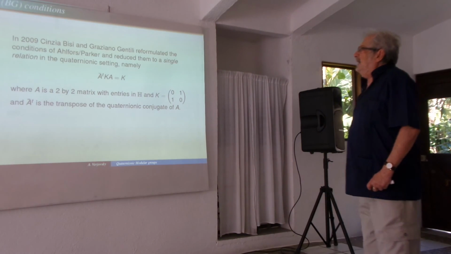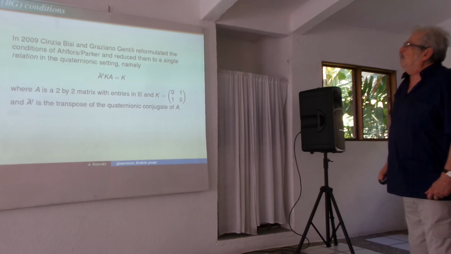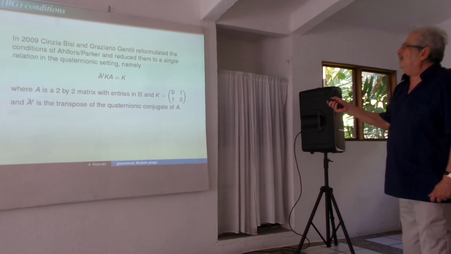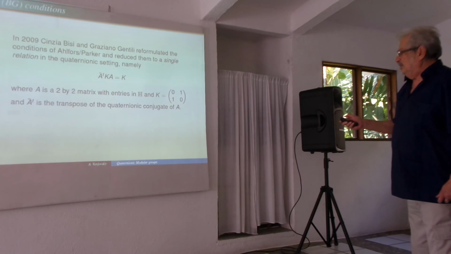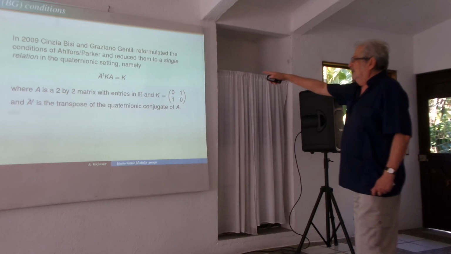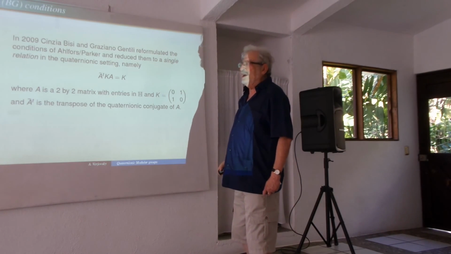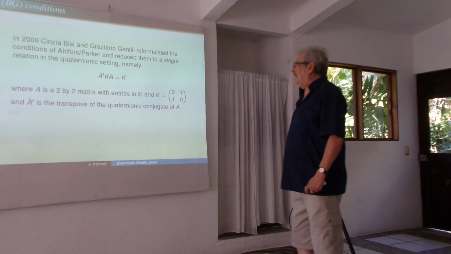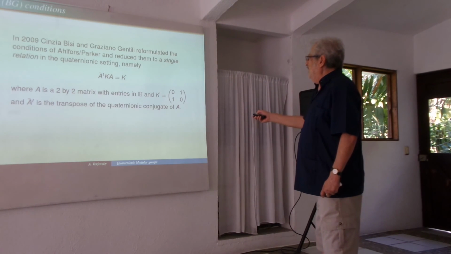So in 2009, Silvia Vinci and Graziano Gentili from Florence reformulated the conditions of Ahlfors and Parker and reduced them to a single relation, which is the following. A matrix (a b; c d) with quaternion entries preserves the upper half plane if and only if it satisfies this condition, where K is this matrix.